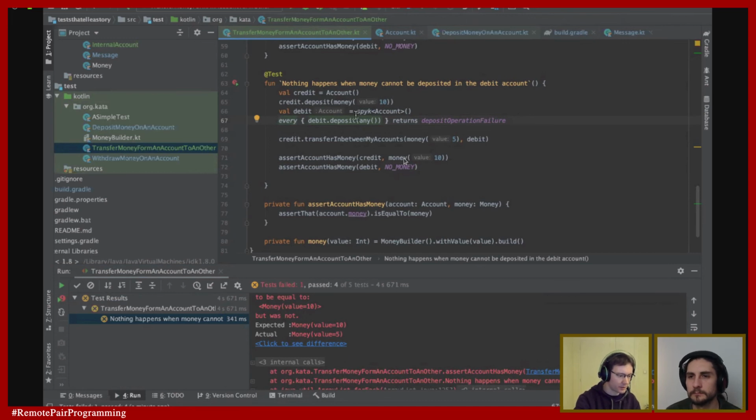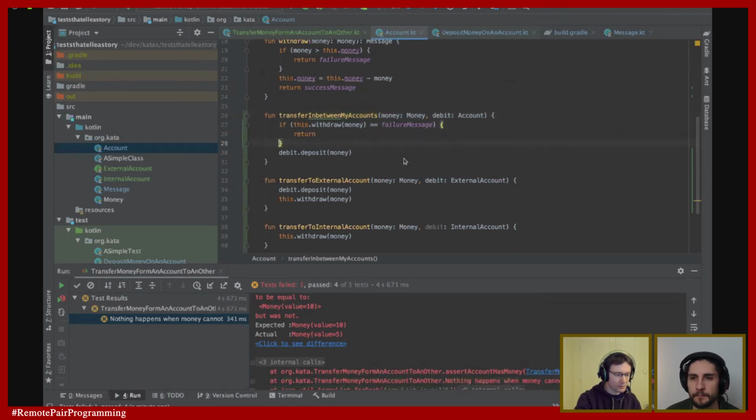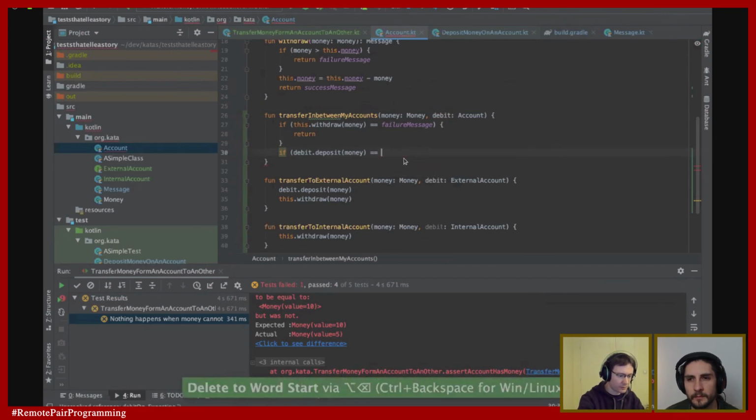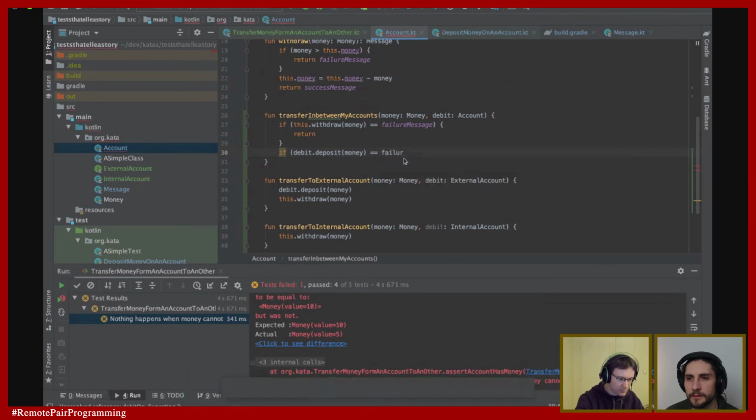So let's make this plus. Then we should probably check what this returns and put the money back. Yeah, exactly. So we need to check if it has a failure, deposit operation failure.